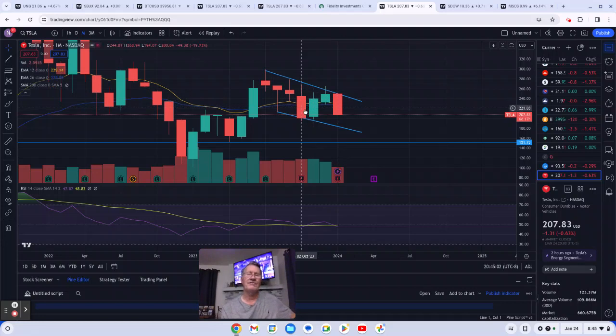So if you see what I'm saying, let's put these two months together. If you exceed the top of that month and the top of this one, and more importantly close above the high of this month, then you would say this is the monthly higher low that needs to hold.